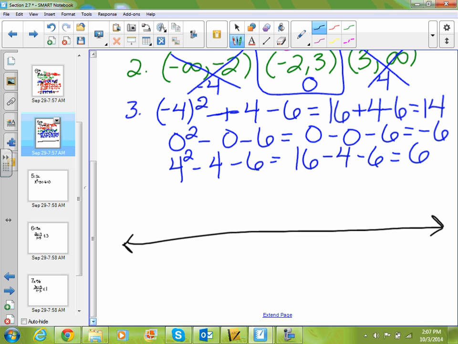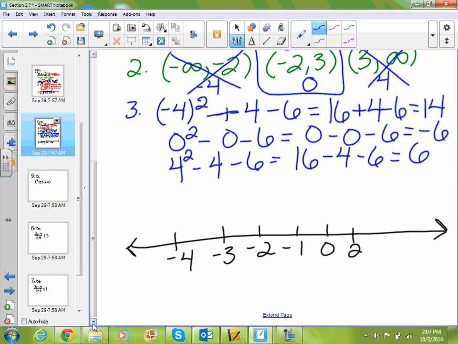So if I get my number line, the first number I care about is -4. -3, -2, -1, 0, 1, 2, 3, 4.